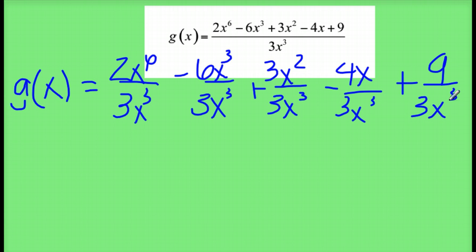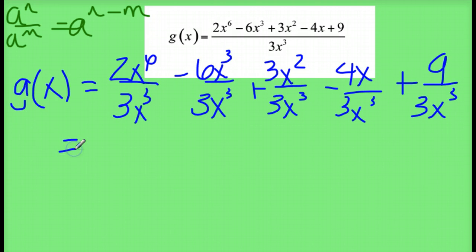Okay? And just as a reminder, when I'm using exponents, if I have one term divided by another term, I can subtract the exponents by doing the numerator minus the denominator. So we're going to do that for all of these.